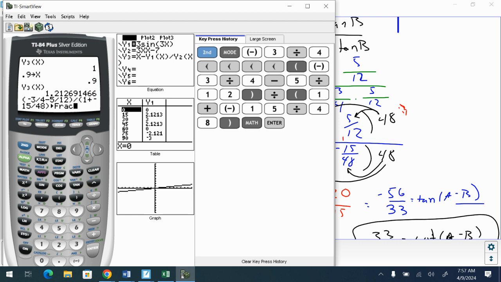So you hit enter, and then you hit enter one more time. And poof. Magically, our answer comes out for us. KYC, know your calculator.